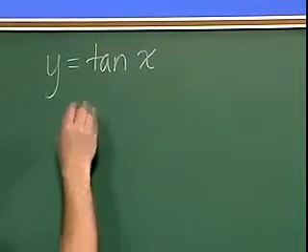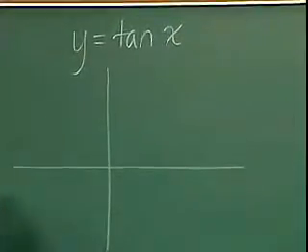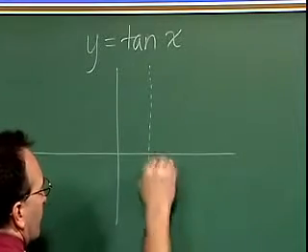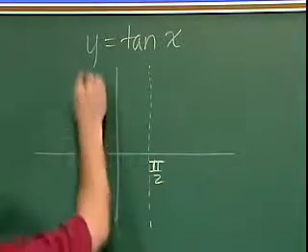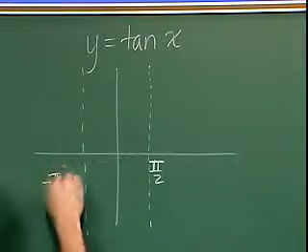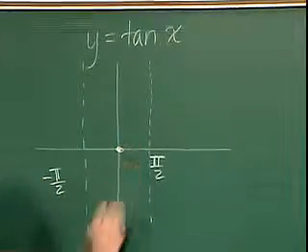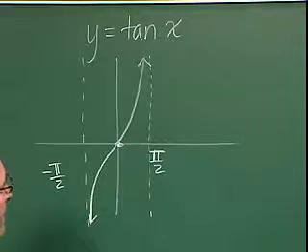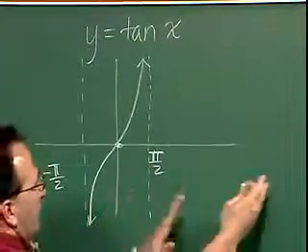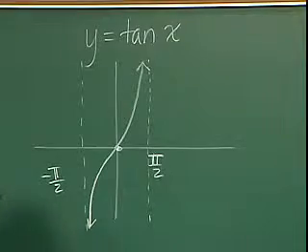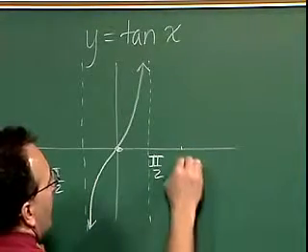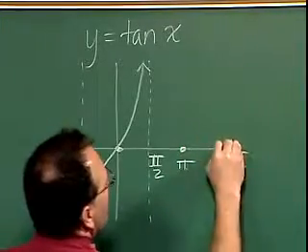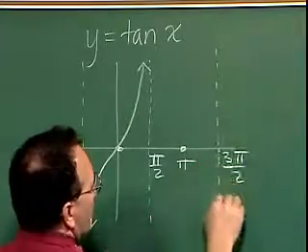And the graph of y equals tangent x has its vertical asymptotes at pi over 2 and negative pi over 2. It passes through 0, and it's increasing from left to right. If we then carry this out one more full period, what we would say is that at pi, it is 0, and at 3 pi over 2, we have another vertical asymptote.